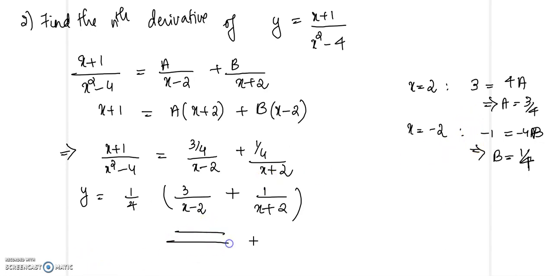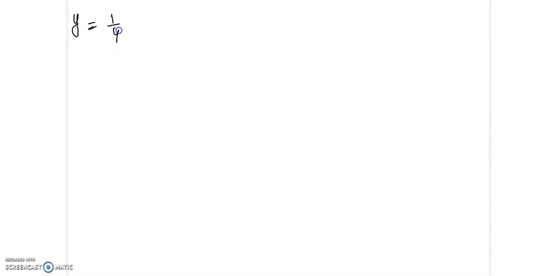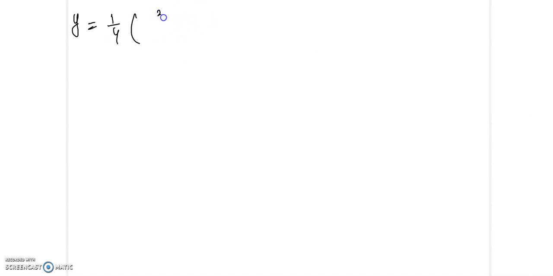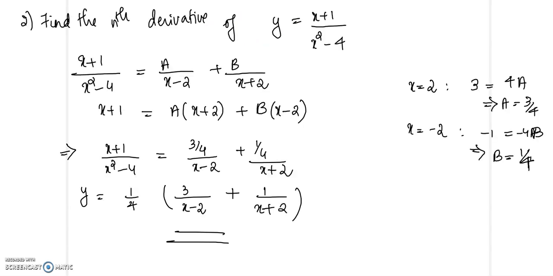So therefore y will reduce to this form, and now this is in the form of the 1 by ax plus b formula. So now let us use the formula for the nth derivative of 1 by ax plus b. So y is equal to 1 by 4 into 3 by x minus 2 plus 1 by x plus 2.